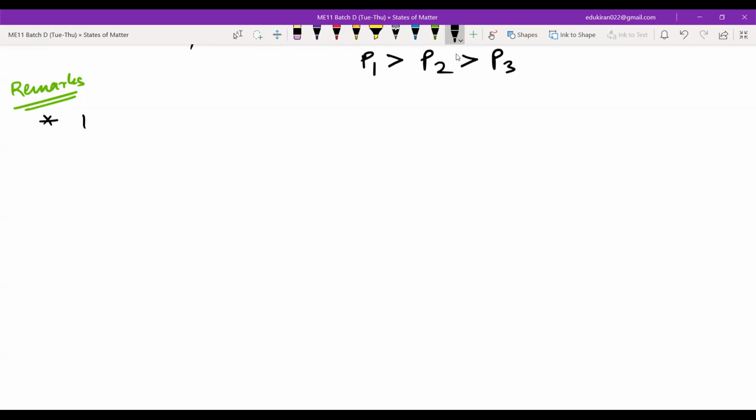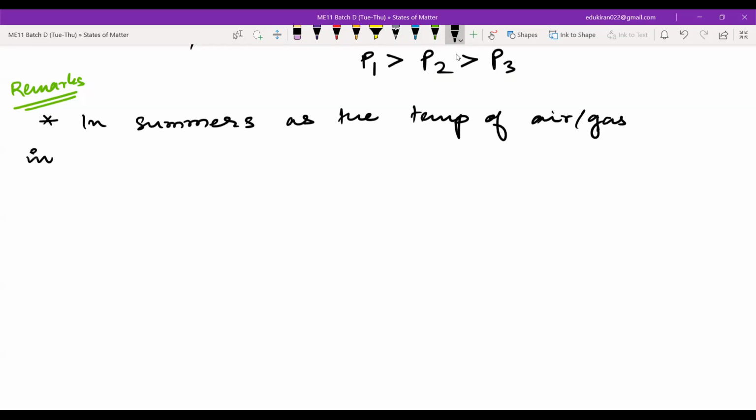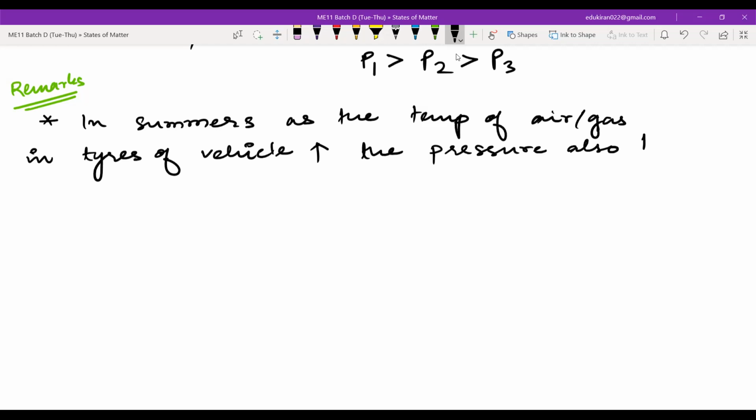So please write: in summers, as the temperature of air or gas in tires of vehicle increases, the pressure also increases according to Gay-Lussac law.